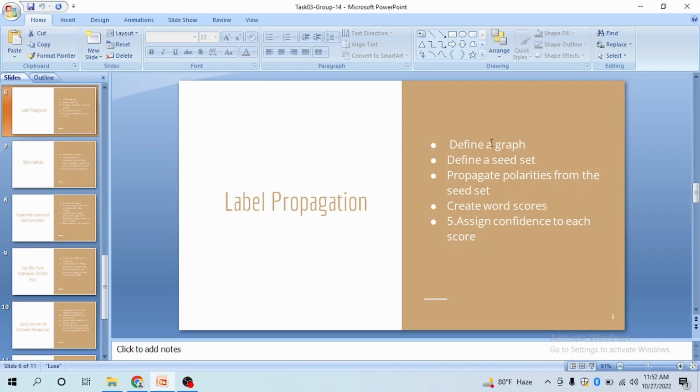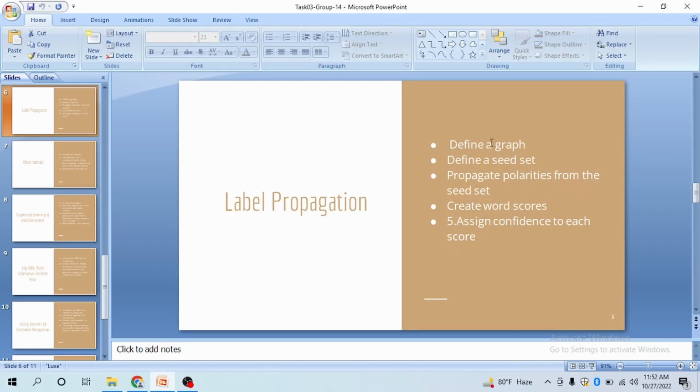Then the second one is to define a seed set. So we need to choose some positive and negative seed words and define a seed set. Then the third one is to propagate polarities from the seed set. So now we need to perform a random walk on the graph, starting with the seed set.